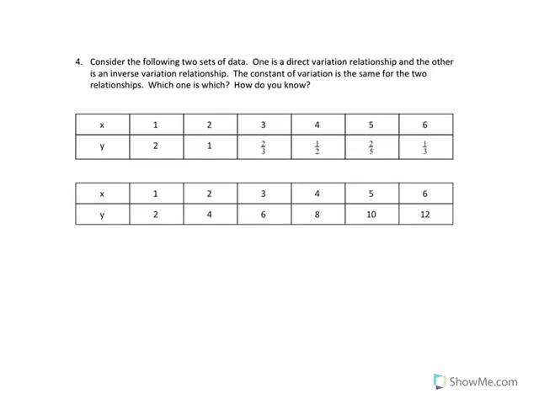Now the next example wants us to look at some data and decide which one is direct and which one is inverse. And it does say that the constant variation is the same for the two relationships. So when we're looking at variation, we want to look at how we get from our x values to our y values. So when I'm looking at these values, I notice that I'm getting smaller each time.